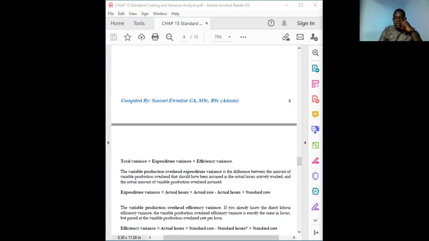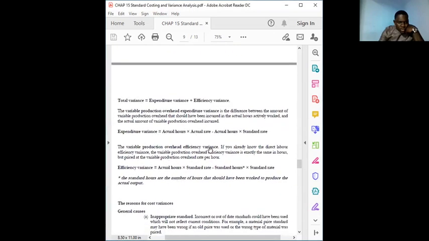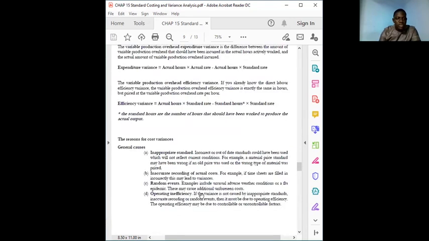So if you already know the direct labor efficiency variance, the variable production overhead efficiency variance is exactly the same in hours, but priced at the variable production overhead rate per hour. So here they'll give you information on the variable production overhead rate per hour. The standard hours are the number of hours that should have been worked to produce the actual output.